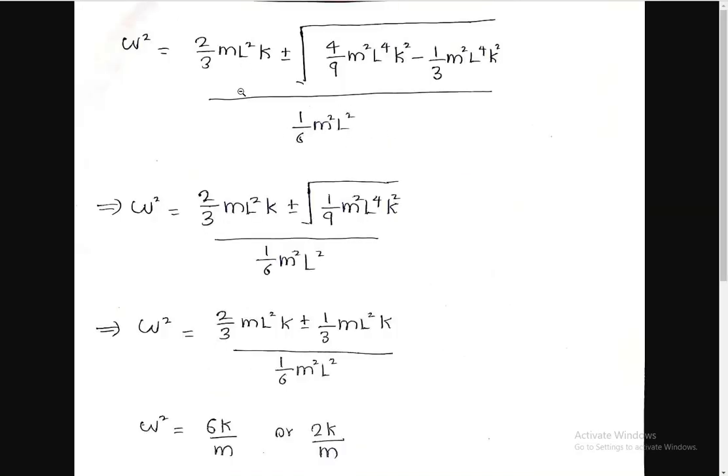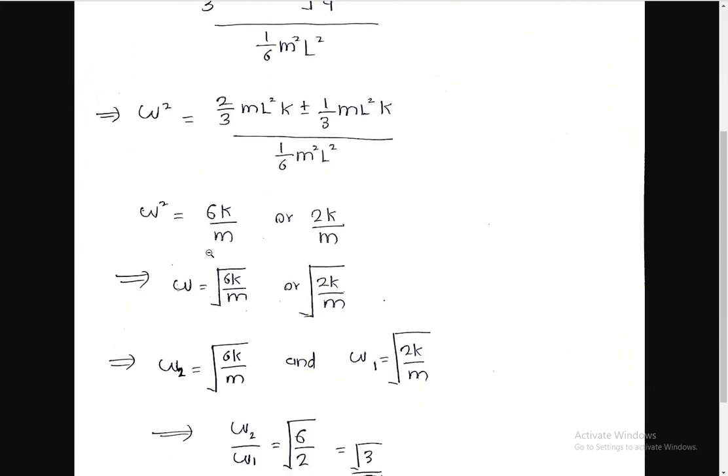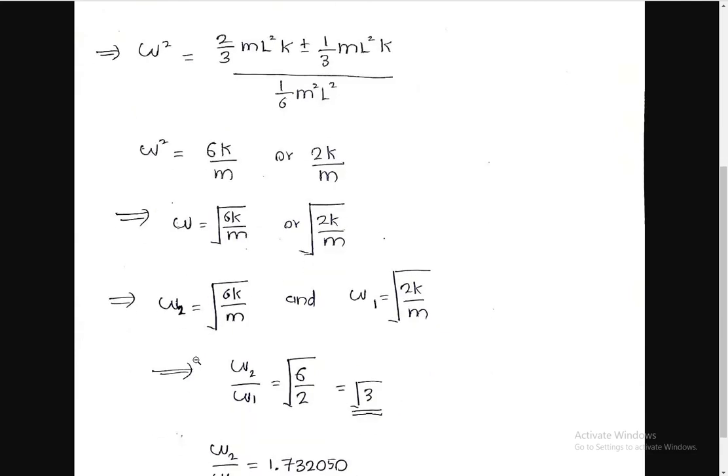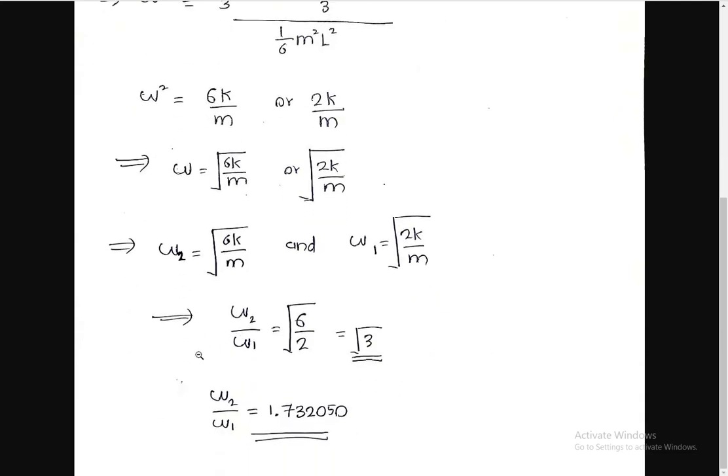Once we solve this quadratic equation, you will get omega equal to under root 6k by m or under root 2k by m. Finally omega 2 by omega 1 you will get root 3. So omega 2 by omega 1 is equal to 1.732 is the answer.